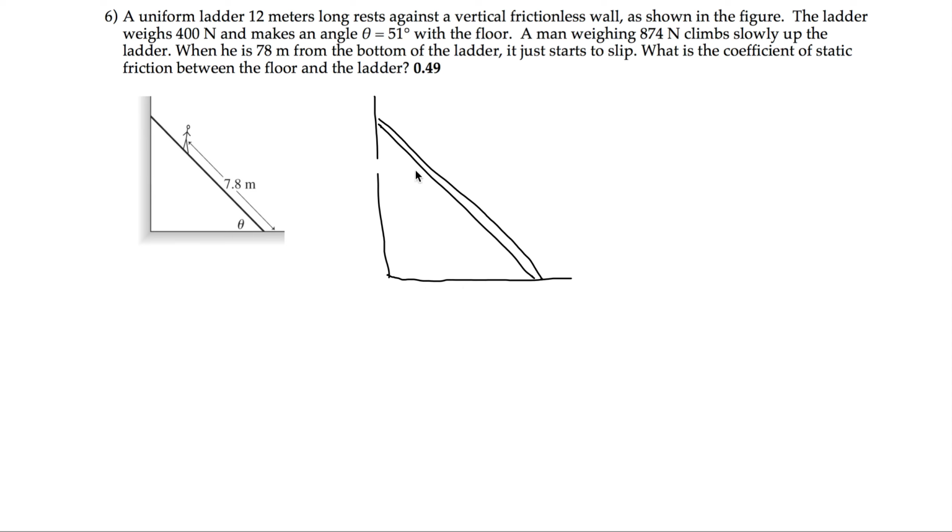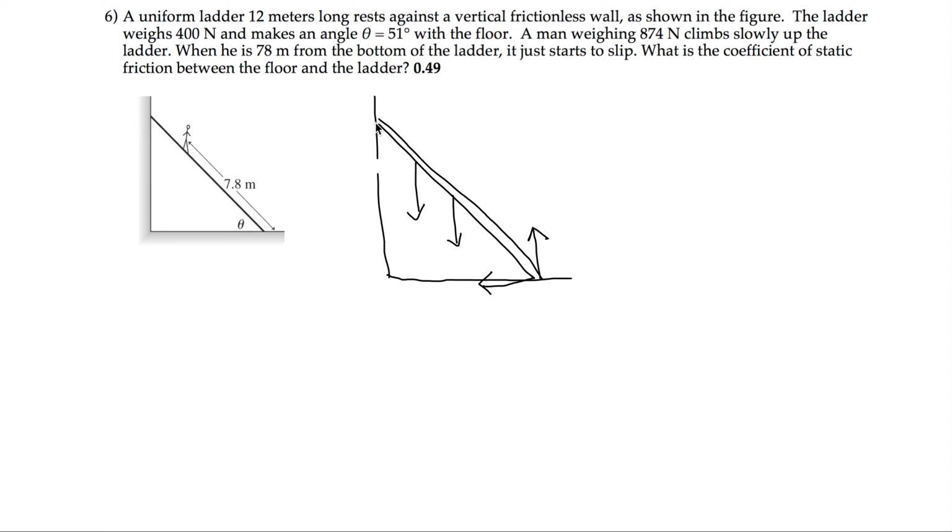So we have a person here, so his weight is going to push down on the ladder here, and then the ladder itself will have some weight, and we're going to assume it's a uniform ladder, so it will be at the center. And then over here we'll have a normal force and a friction force, which will go to the left because the ladder would slip to the right, so the friction opposes that motion.